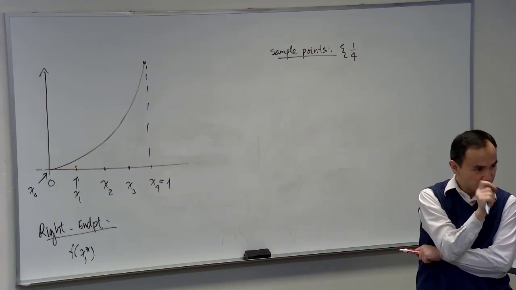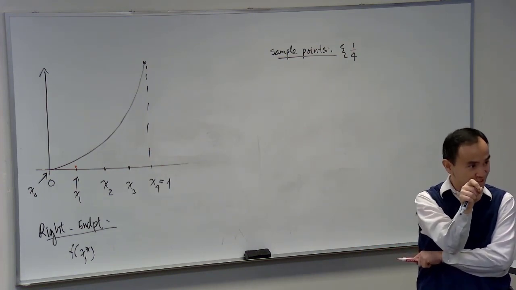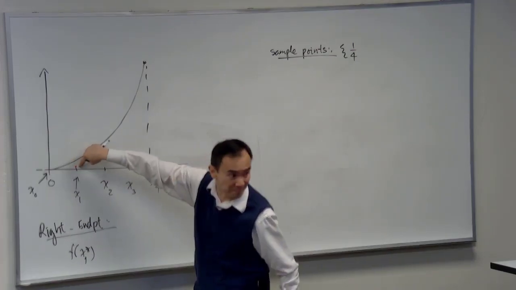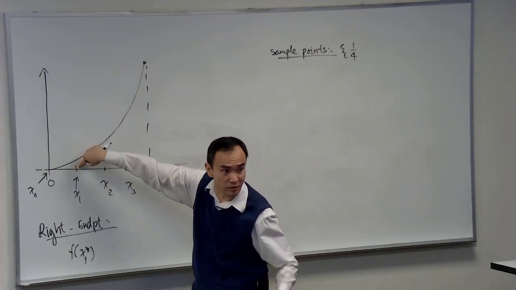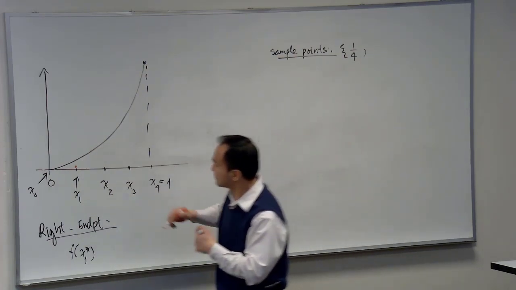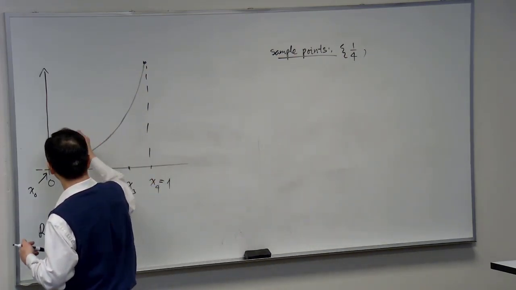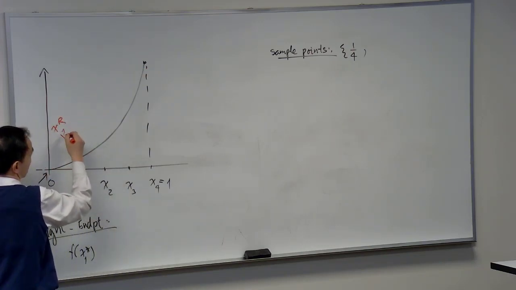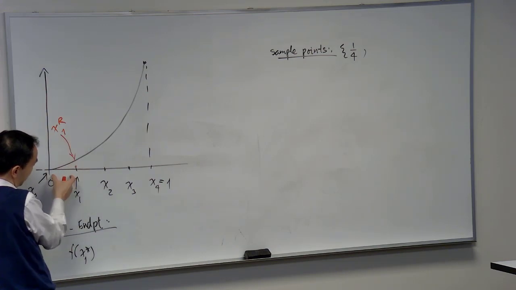So x1 is a position point, but we choose the sample point on the first interval to be right on the right endpoint. That's why it's called right endpoint. And so what's the next right endpoint? Now I'm going to call that xr1. It's a sample point in the first interval.